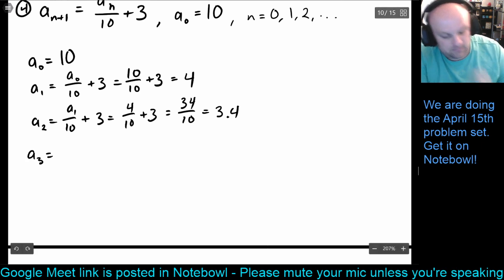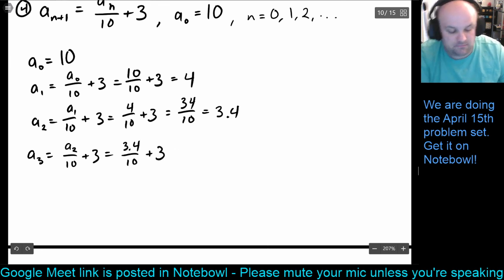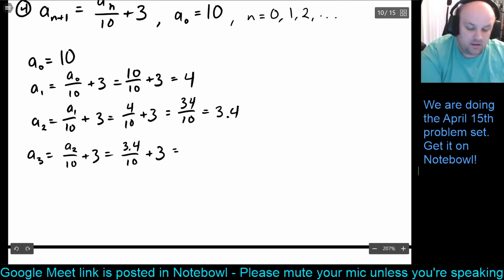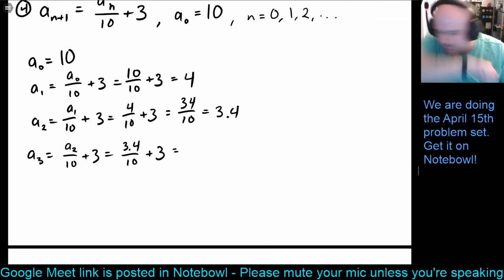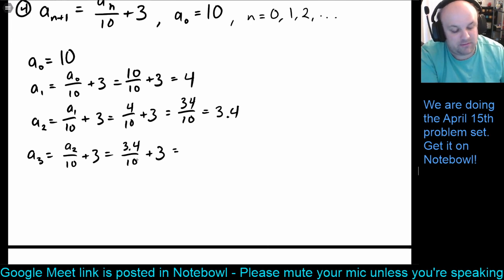A3. So let me take this 3.4 here. This is A2 over 10 plus 3. That's going to be 3.4 over 10 plus 3. If I turn this into a nice fraction, really, I want to make this a fraction over 100.